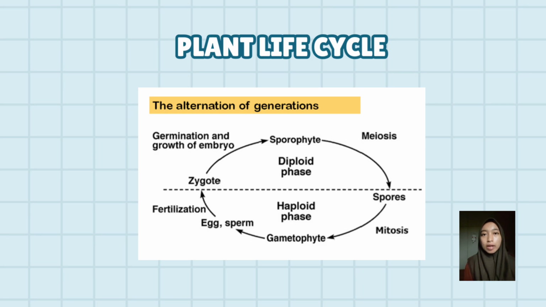Then it will carry out germination and growth to become the new sporophyte. Finally, it becomes an adult plant and produces flowers. These flowers will produce new seeds again, allowing the cycle to start again.